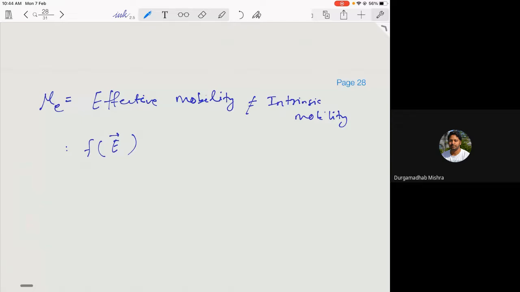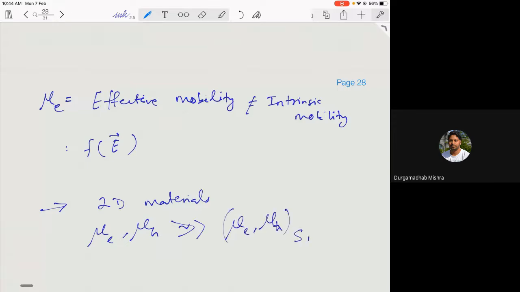So that's why people are now looking at these 2D materials, where your effective mobility, mu E or mu H, is much greater than that of silicon.